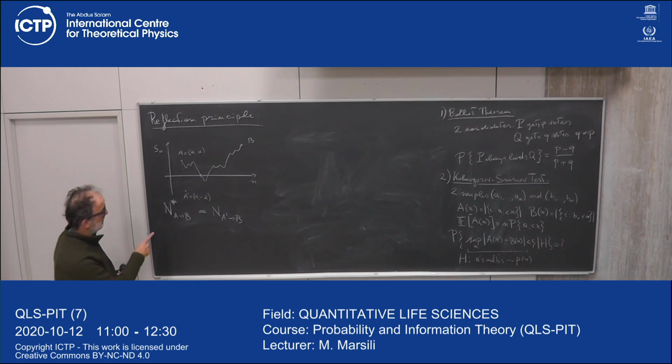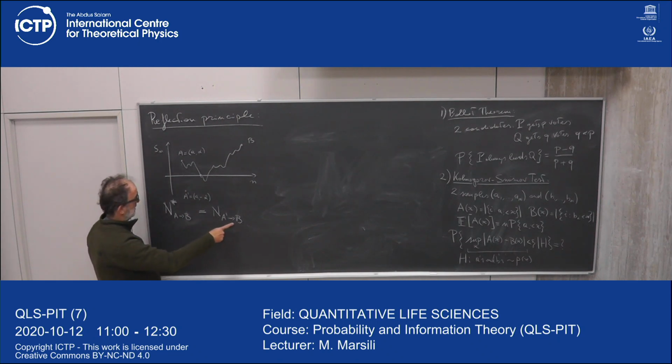Okay, so this is a quite remarkable result because computing all the paths that go from A to B, crossing the axis, is a complicated problem because you don't know where they cross the origin.